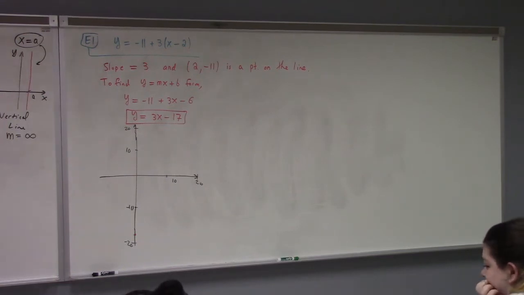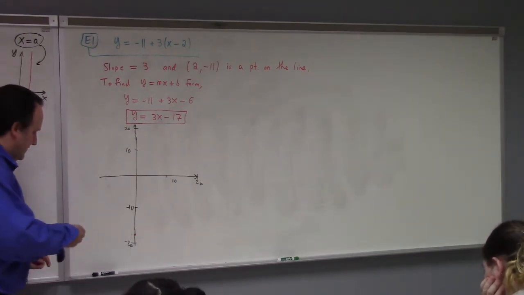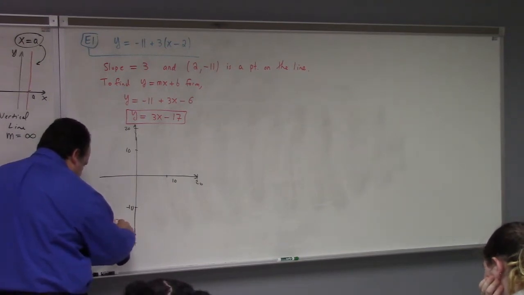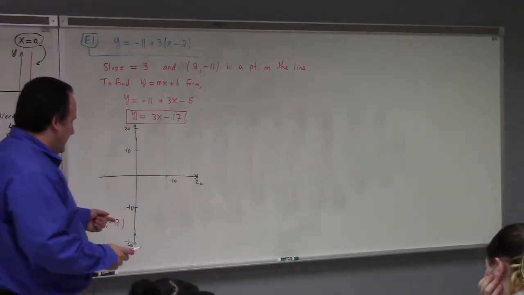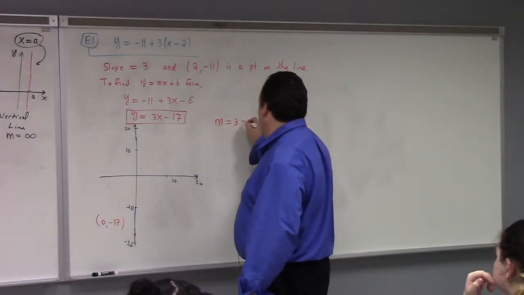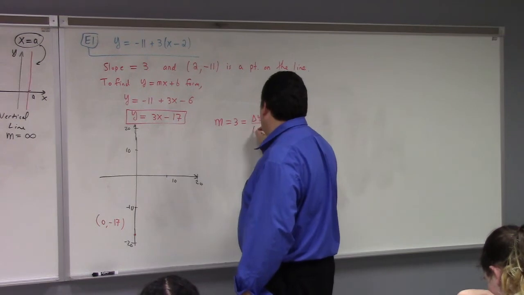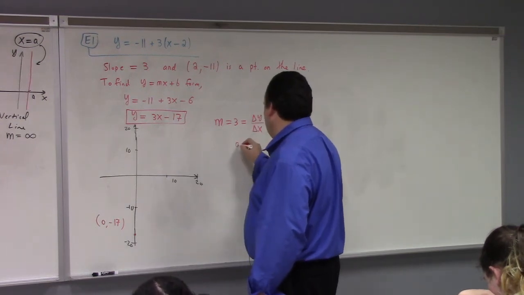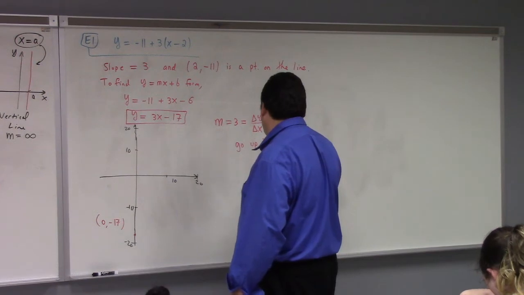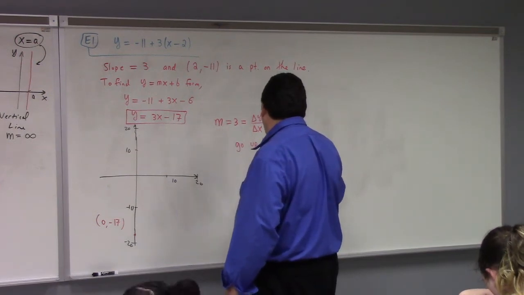Anyway, so the y-intercept is down here, right? The actual point is 0, comma, minus 17. And the way to graph this is the slope is 3, right? So that's delta y over delta x. So you go up 3 and over 1.